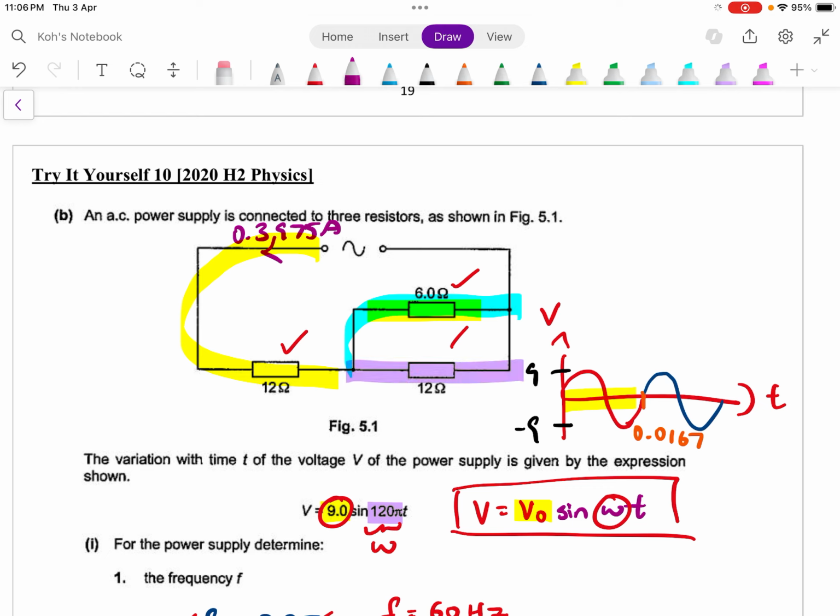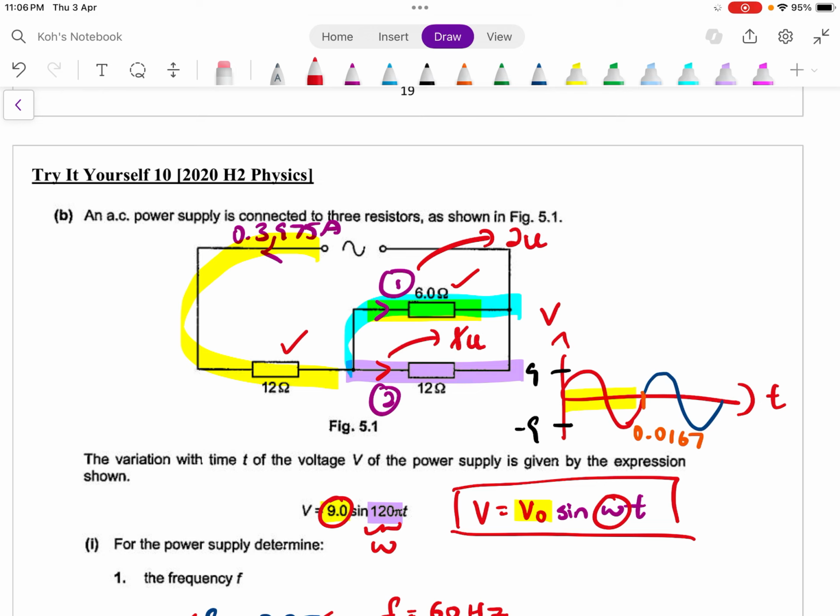So you look at the first branch is 6 ohms. The second branch is 12 ohms. Meaning that the current that's going to flow through the first branch will be twice as much as it is going to flow through the second branch, because current likes to flow through the path of least resistance. So just think of it as this is 2 units, this is 1 unit.